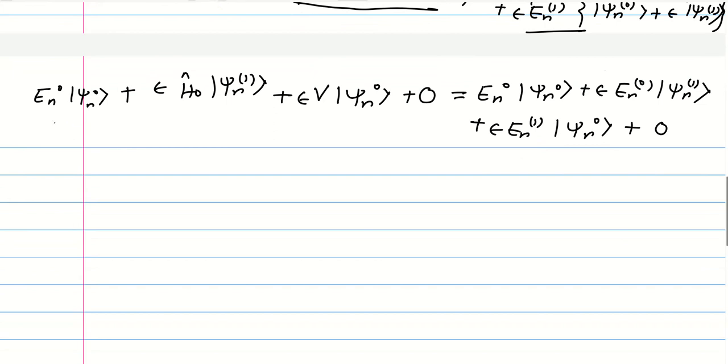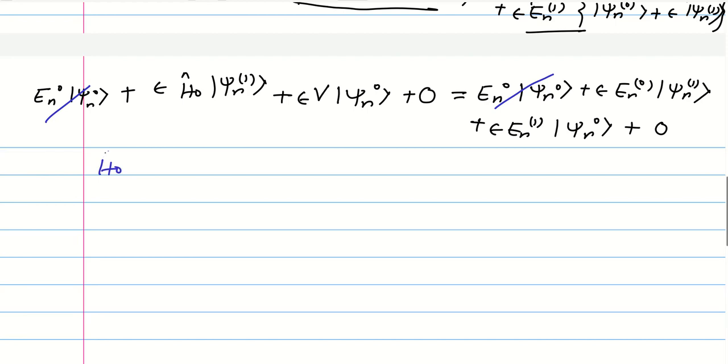Now you see this one will get cancelled with this one. So what we are left with are the epsilon terms. So up to first order correction, you can cancel epsilon from all sides.